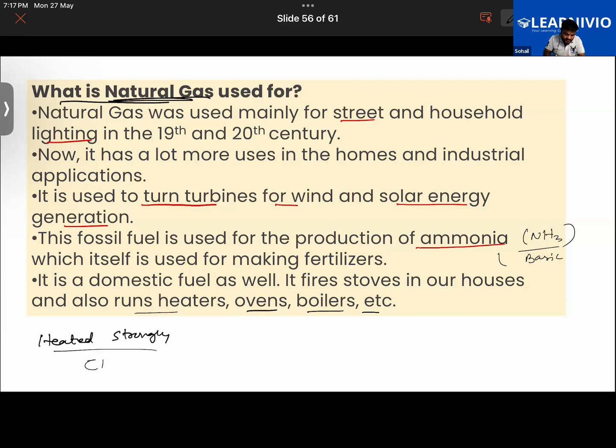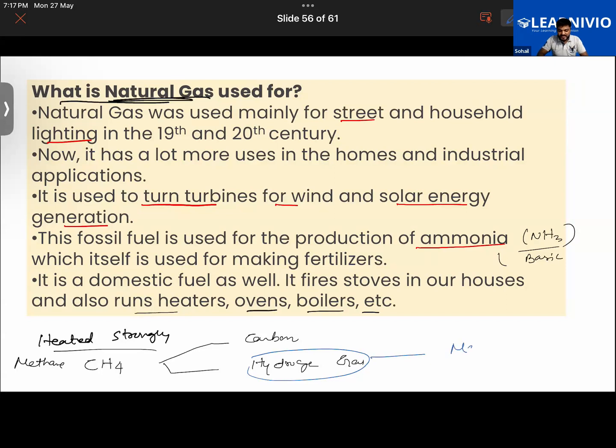Upon heating it strongly, CH4, that is basically methane, breaks into carbon and hydrogen gas. Now this hydrogen gas can be used for the manufacture of fertilizers. Is that clear to everyone or not? Yes, sir. Good.